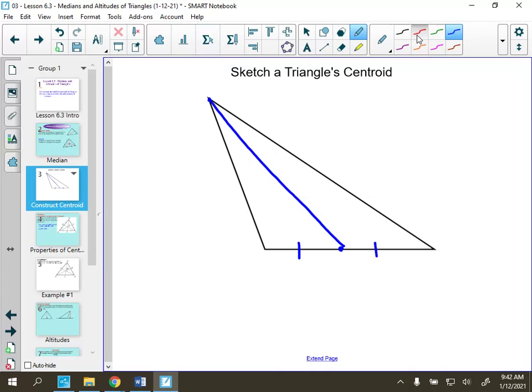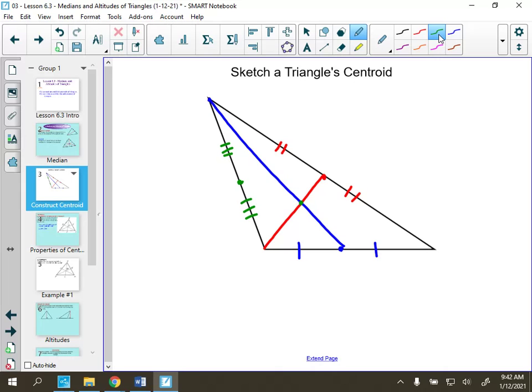Let's do the same thing. This is another one. It's up to you if you felt like rotating your paper, but it's just not necessary. I think I can be okay with finding my midpoint, vertex to my midpoint. And just like the previous two points of concurrency, by the time you get to that third segment we're sketching, I know where my destination is.